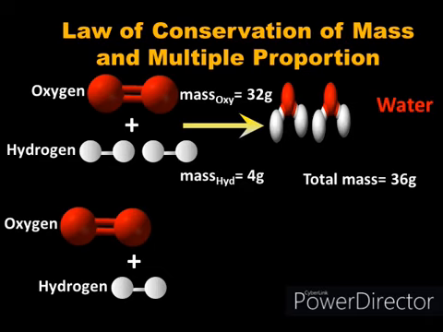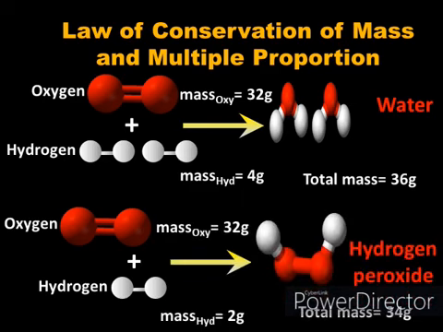Consider another example, hydrogen peroxide. The general formula for hydrogen peroxide is H2O2. Basically one molecule of oxygen is combining with one molecule of hydrogen, and they form H2O2. Initially the mass of the oxygen molecule before the reaction is 32.